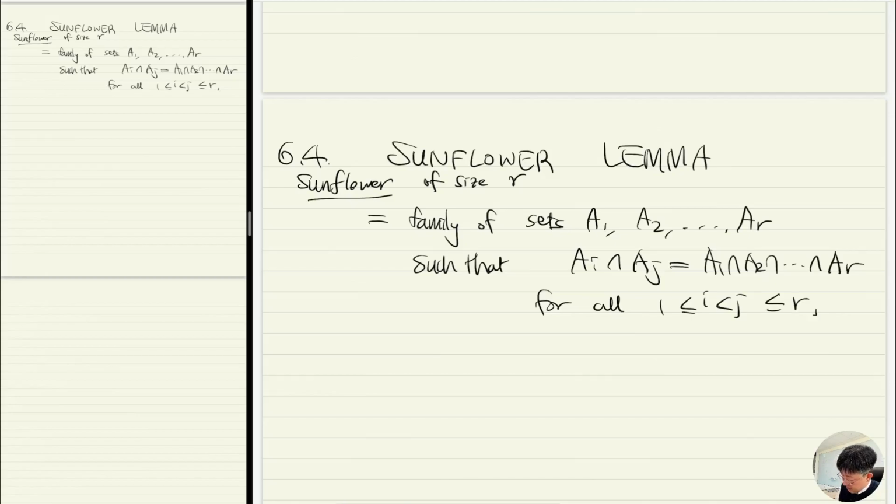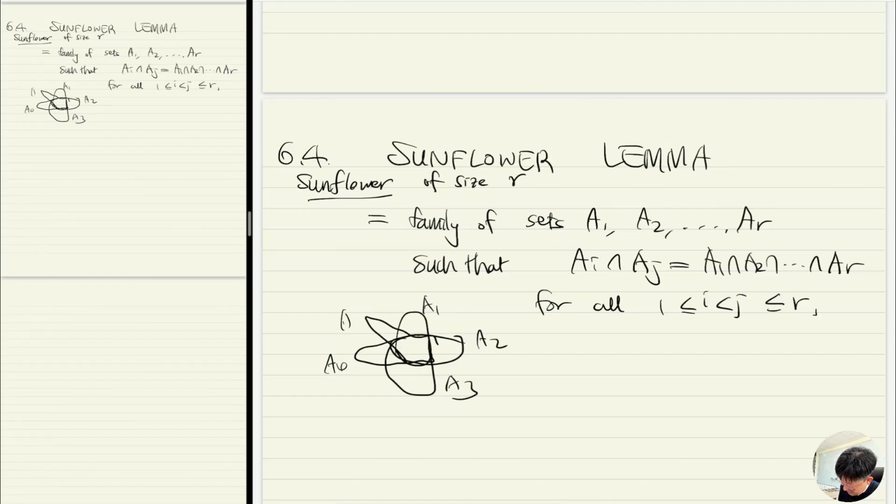So in the picture, if this is A1, A2, A3, A4, A5, it really looks like a sunflower. Of course, I shouldn't have any elements there.